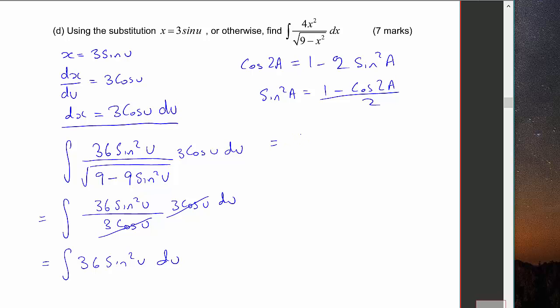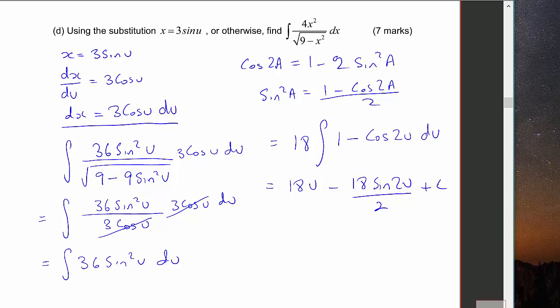So our integral is going to become 18 times the integral of 1 minus cos 2u du, which is 18u, take away, minus cos would go to minus sine, so it is minus 18 sine 2u over 2 plus a constant, so that's 18u, take away 9 sine 2u plus a constant.